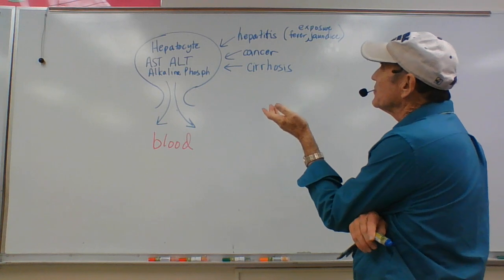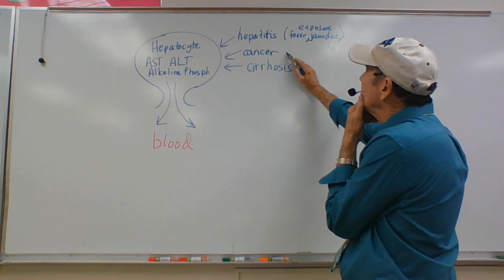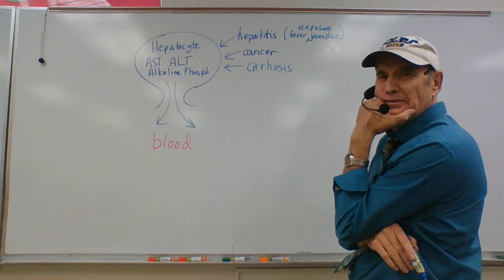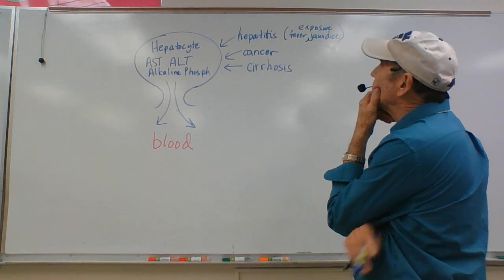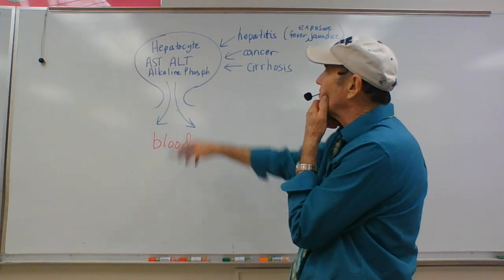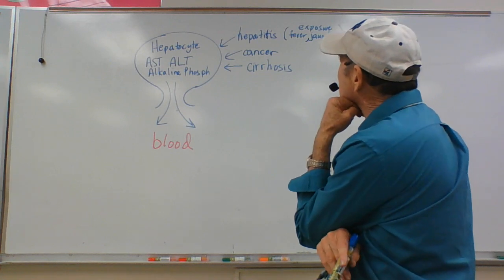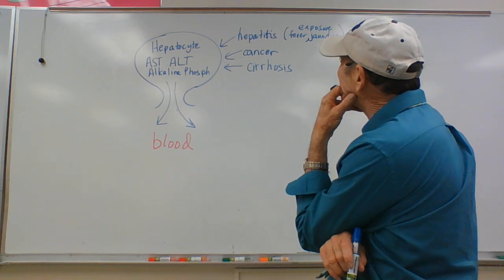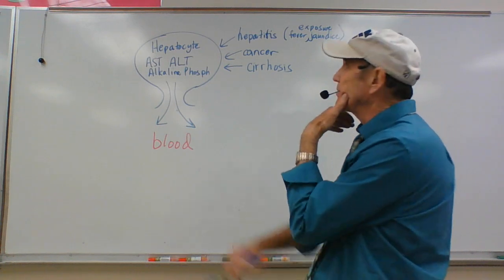Well, they would do other tests, but this would be the beginning. Cancer wouldn't have a fever. They would have these elevated enzymes. They would have some other problems, though, of course. You'd have to take a scan to really know if it was cancer or not, but you would see this.